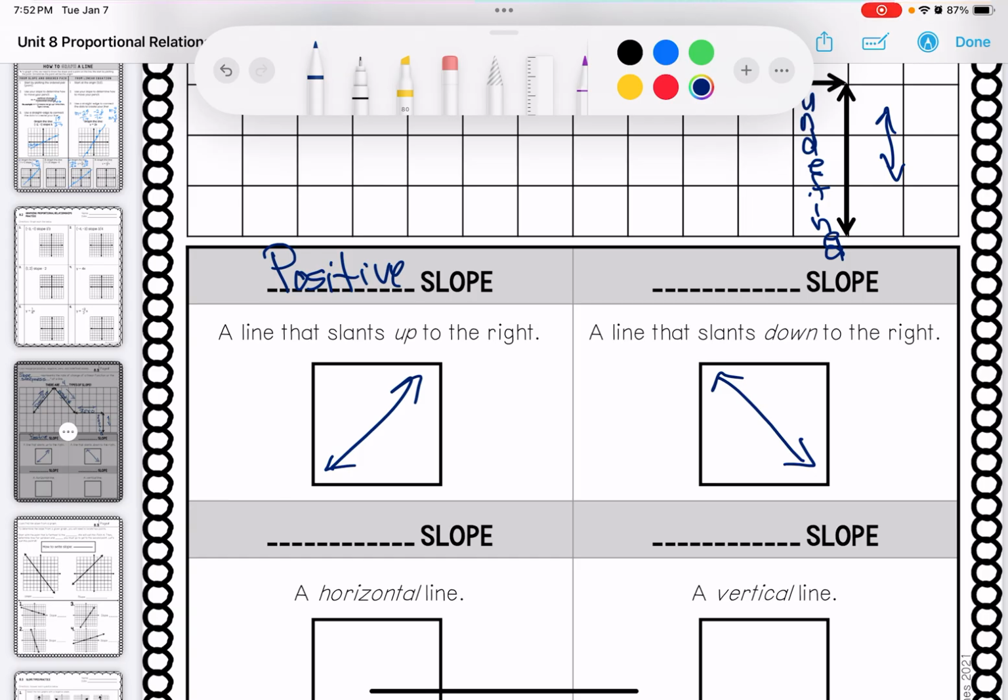It doesn't matter where you start, but you start at a point. So for a positive slope, if this is my point right here, I know I'm going up. If this is my point right here, and I want a negative slope, I know that I'm going down.